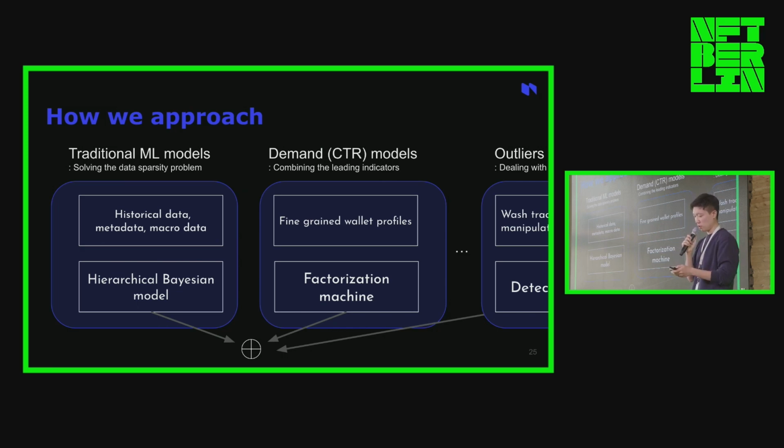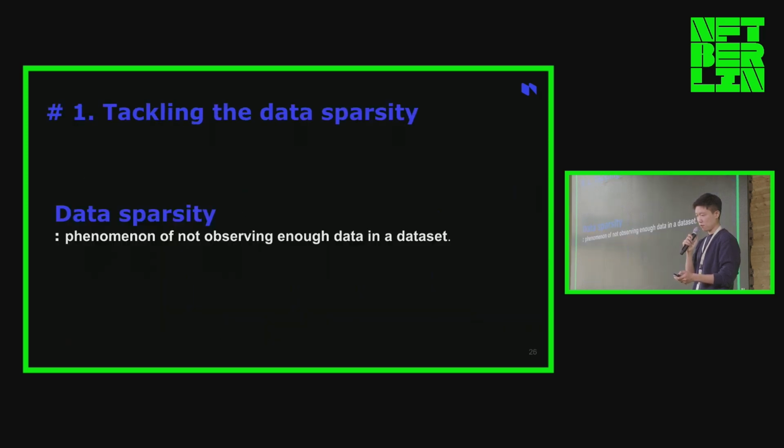For outliers, we use various ways to detect outliers and malbehaviors. Data sparsity is the phenomenon of not observing enough data in a data set. As I said, there is not much data in terms of NFT trades because it's innately illiquid. People are not frequently trading NFTs compared to other coins. That's why tackling the data sparsity problem is the key.